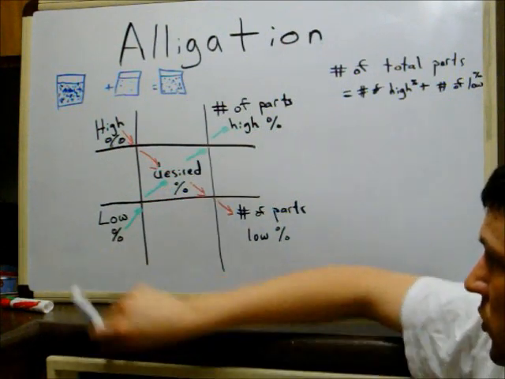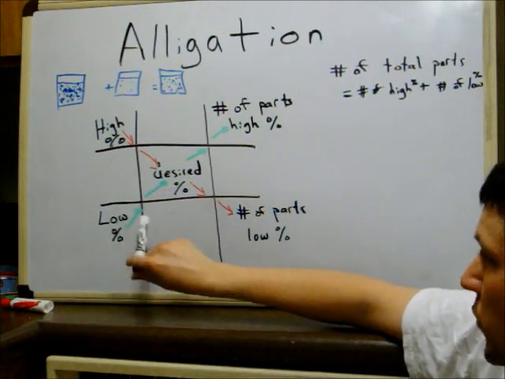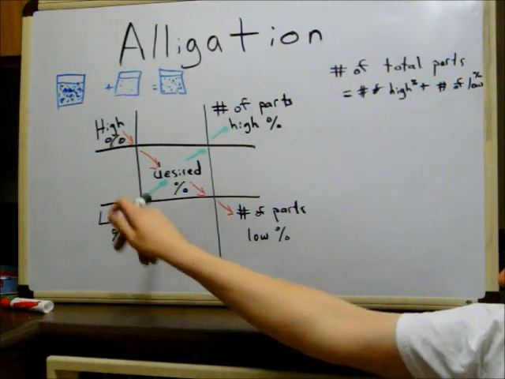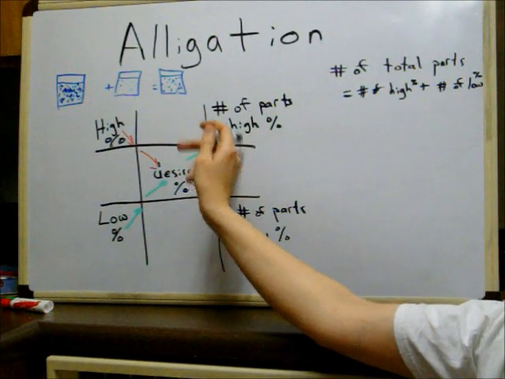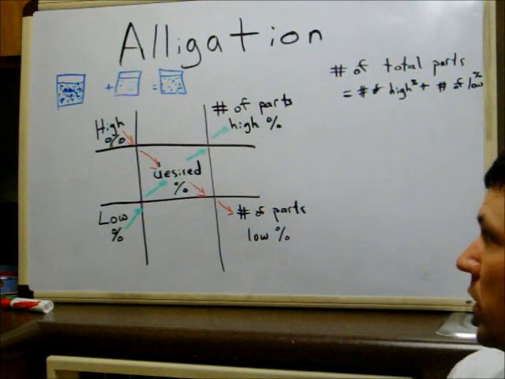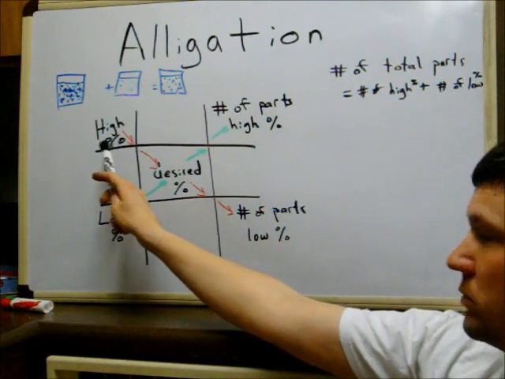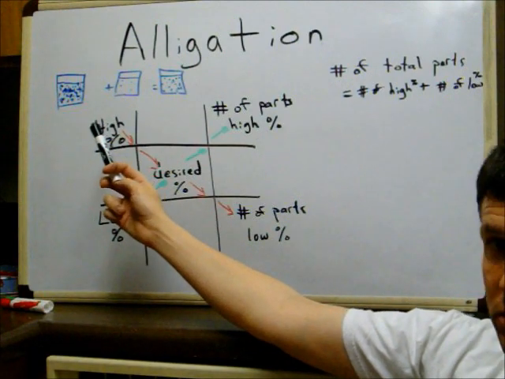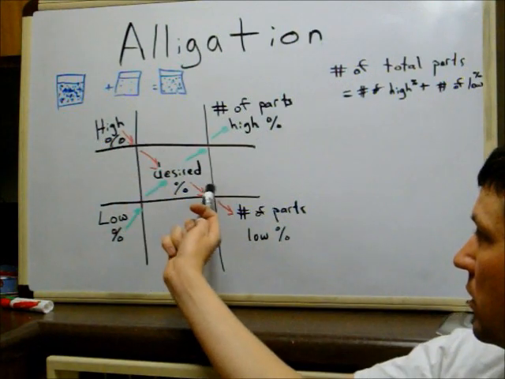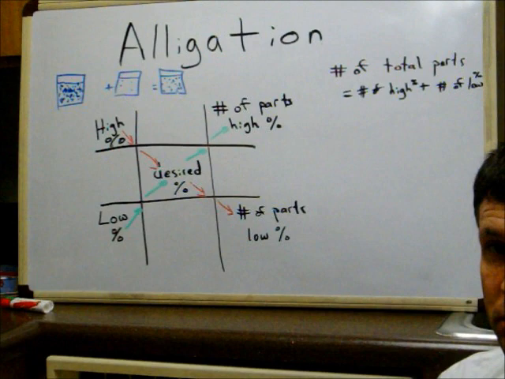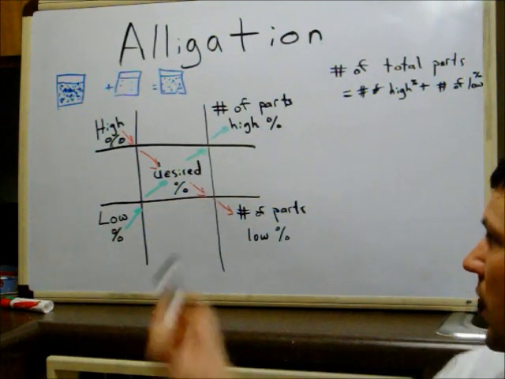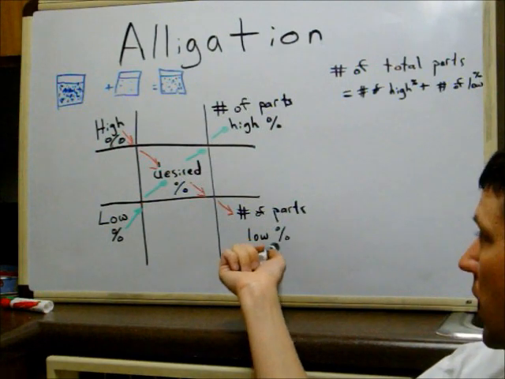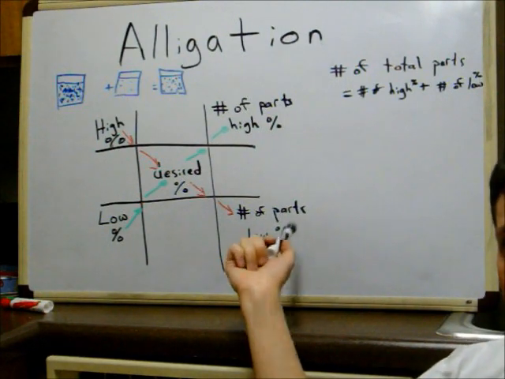And then from there, you put the difference between the two in the opposite corner. So you take the difference of the low percent and the desired percent and put it in the upper right-hand corner. You take the more concentrated percent and your desired percent, and then you put that number in the bottom right.